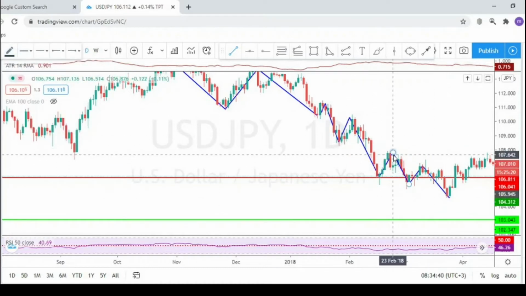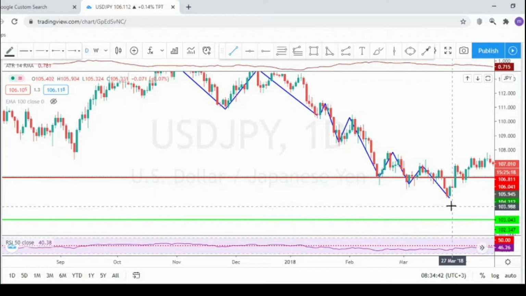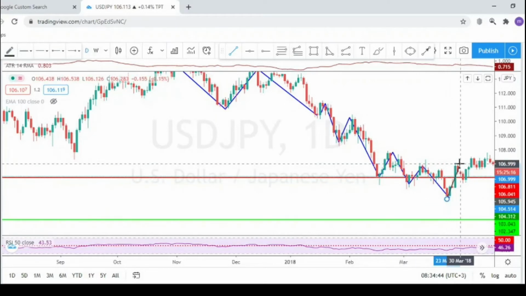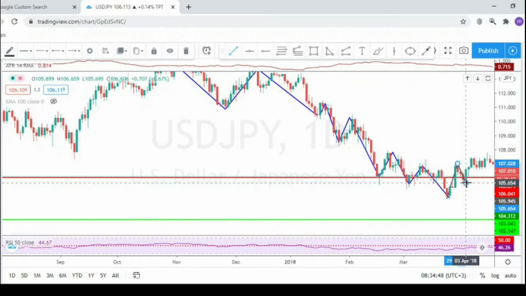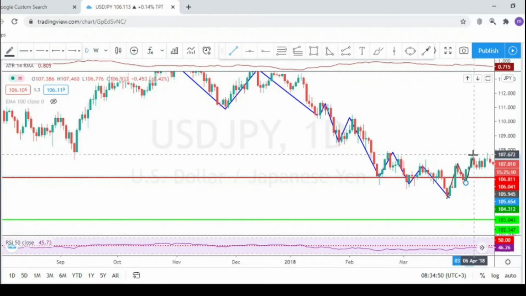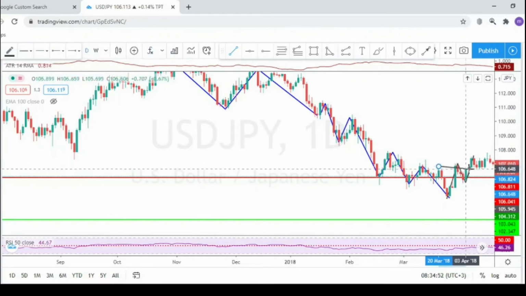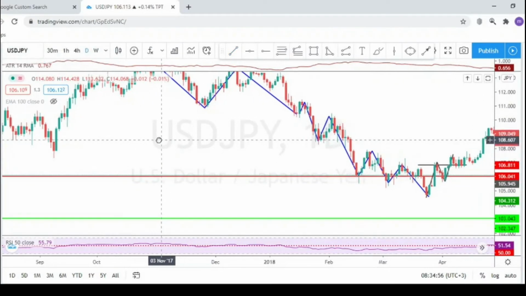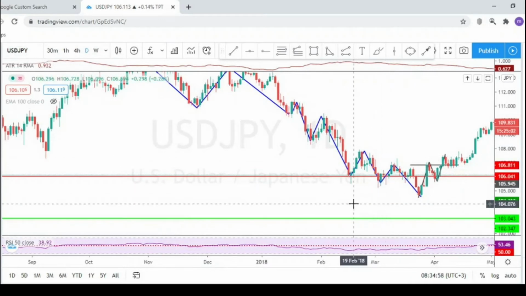Now this market, as you see, it's making lower lows and lower highs. Then all of a sudden it makes an impulsive leg, a pullback, another impulsive leg that closes above the previous level of structure. So to me, this is a potential new trend.